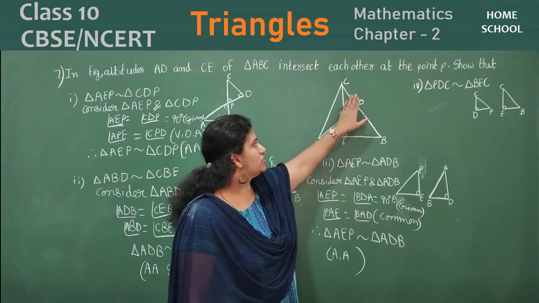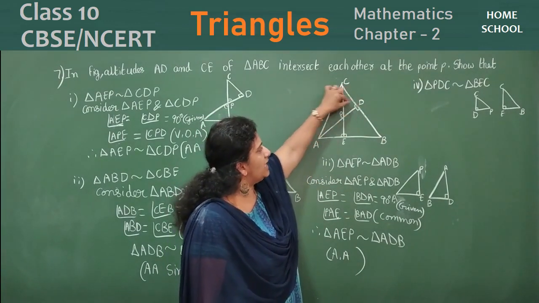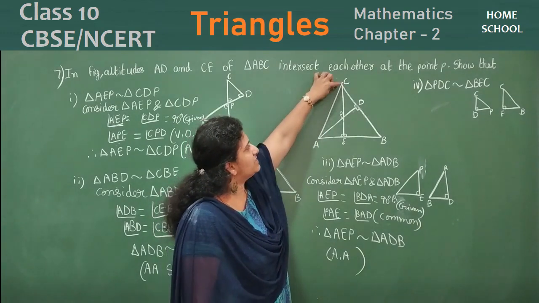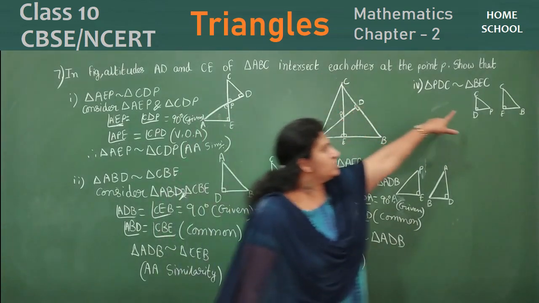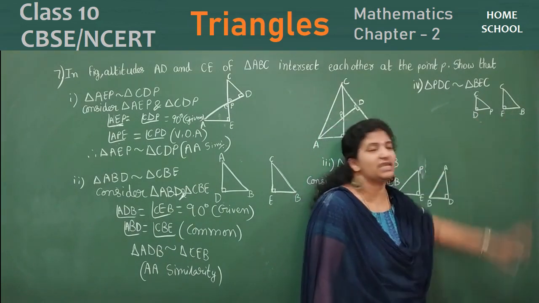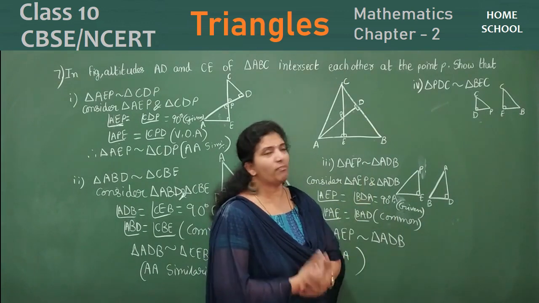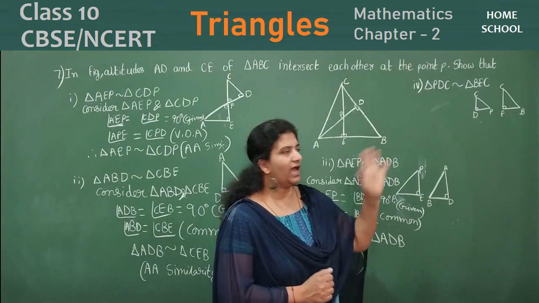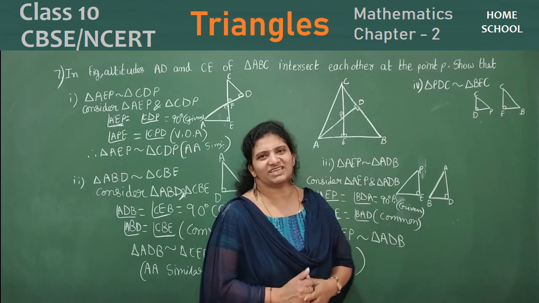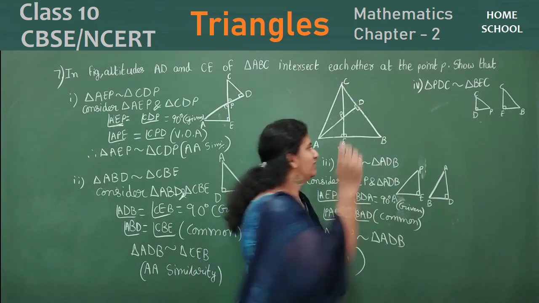So instead of making both the same, I will lift this D and place it this side, which makes CDP. So look here, CDP right angle triangle and CEB right angle triangle. Now try to compare, children. Angle D, angle E, angle C common. Therefore the two triangles are similar, right?